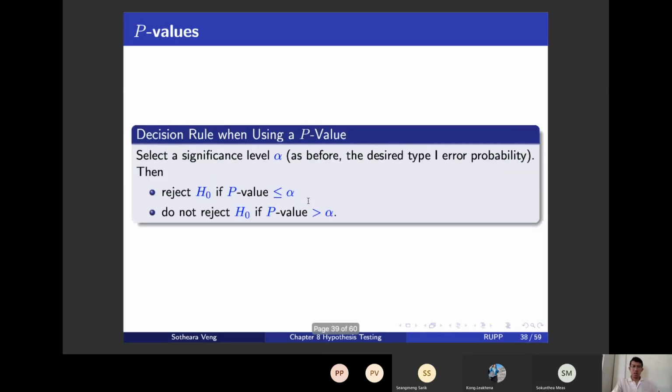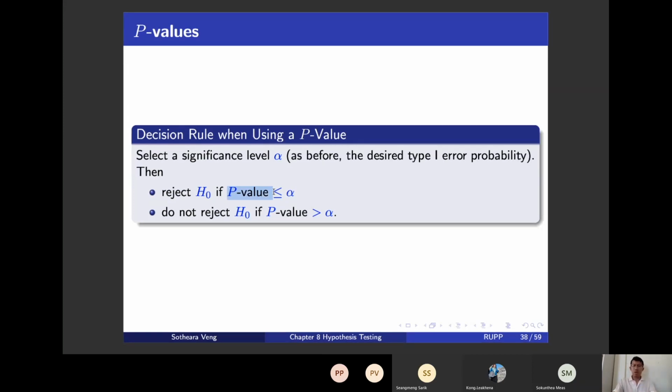So how to decide based on the p-value? Okay, as I said, you have to reject the H0 if the p-value is less than the significance level. Otherwise, you do not reject the H0. Just like I explained a while ago, this is how you can reject or not reject the H0, depending on the p-value.